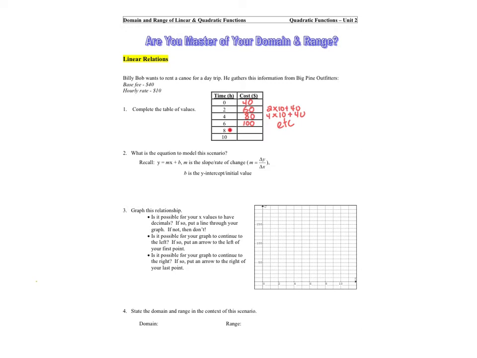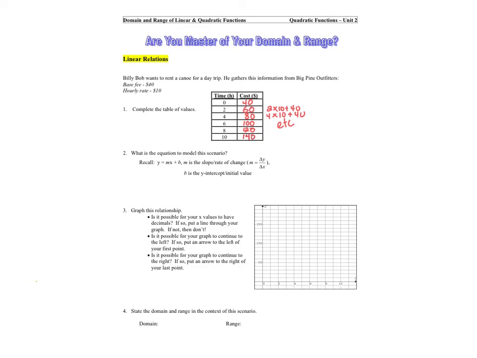If you had the canoe out for 8 hours, 8 times 10 is 80, plus the $40 base fee is $120. And lastly, if you had the canoe out for 10 hours, 10 times 10 is 100, plus the $40 for the base fee. That would make a total of $140.